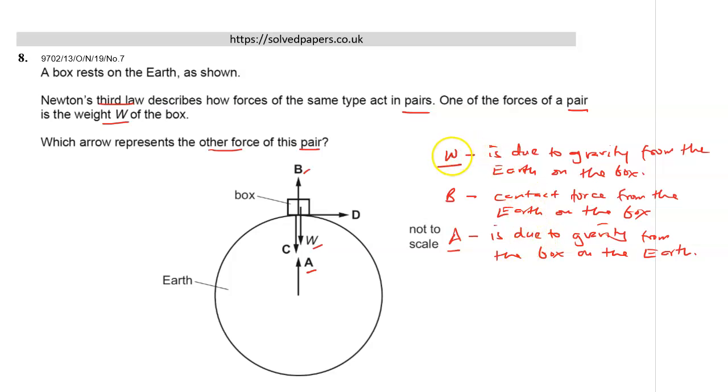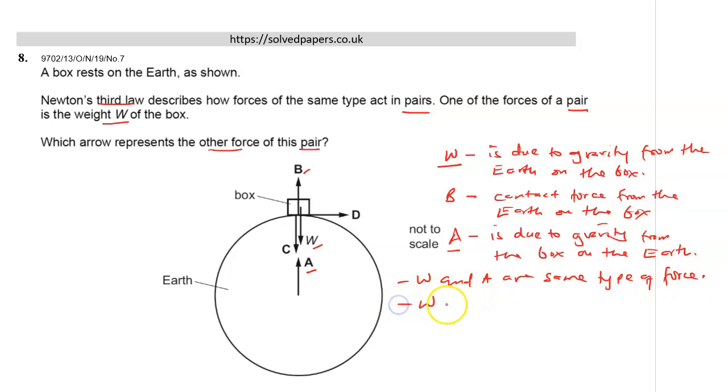So W is acting on the box, and air is acting on the earth, right? So W and air are the same type of force. They are due to gravity, right?